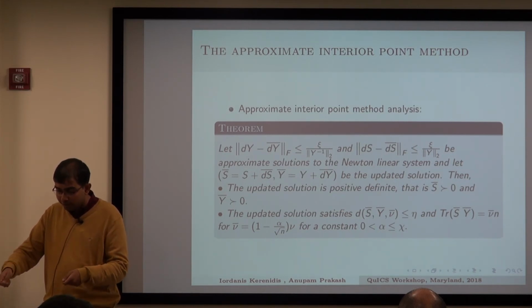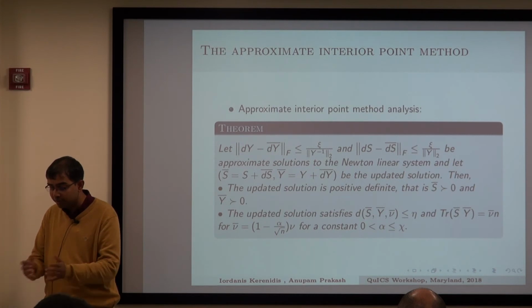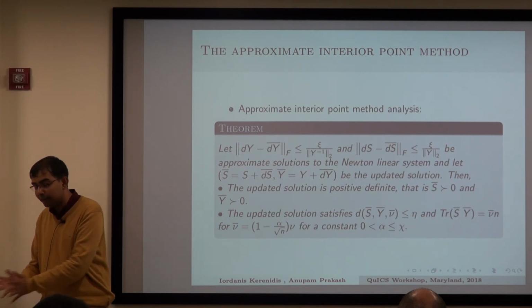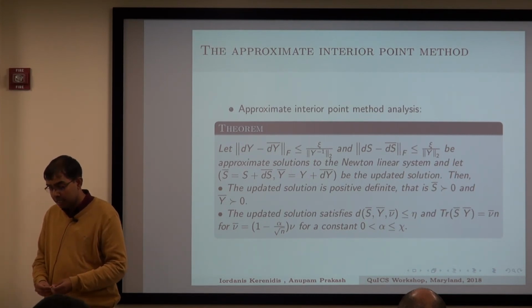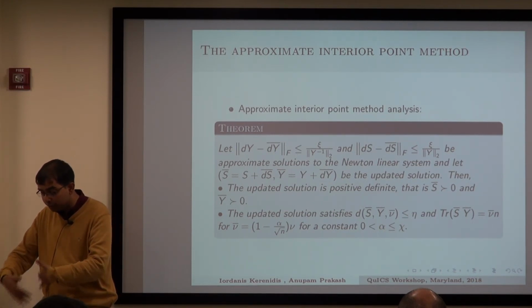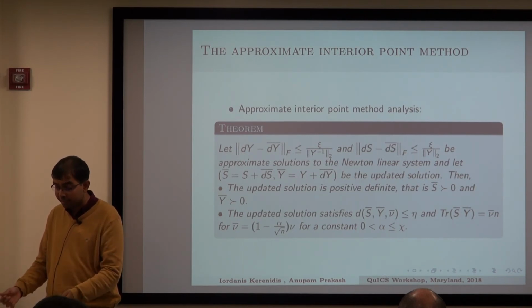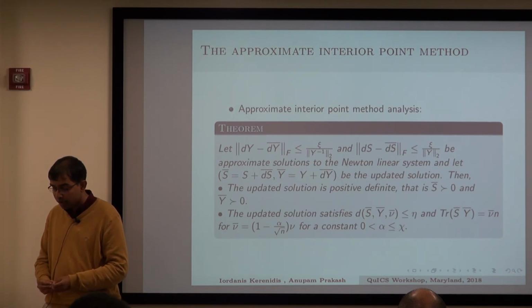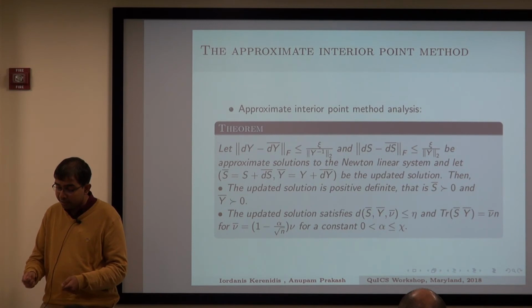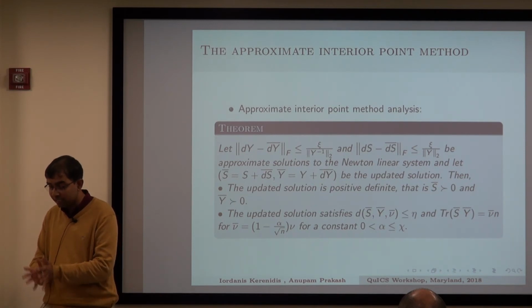And then we write the same Newton linear system and use these dS bars and dY bars as the updates. We prove the following: that the updated solution, even in this approximate setting, is positive definite, like S bar is bigger than 0 and Y bar is bigger than 0. And it continues to satisfy that the distance of the updated solution from the central path is less than eta.